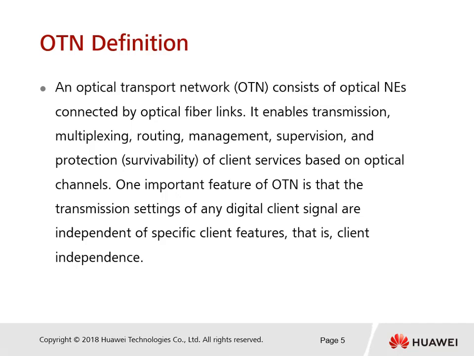And here we show you one important feature of the OTN, that is client independence. That means the transmission settings of any digital client signals are independent of specific client features. So this is the OTN definition.